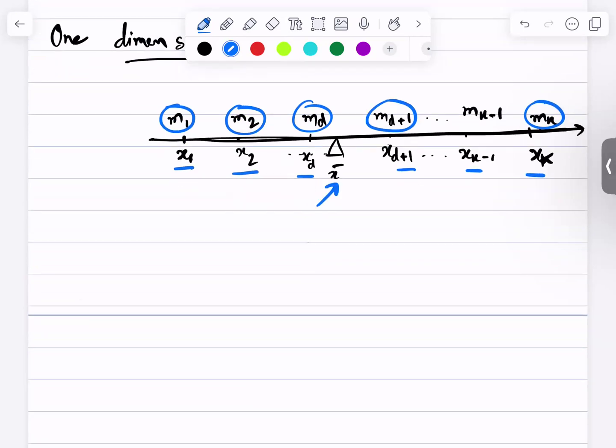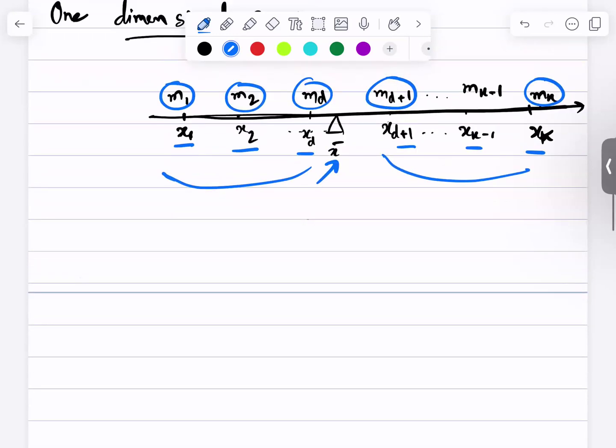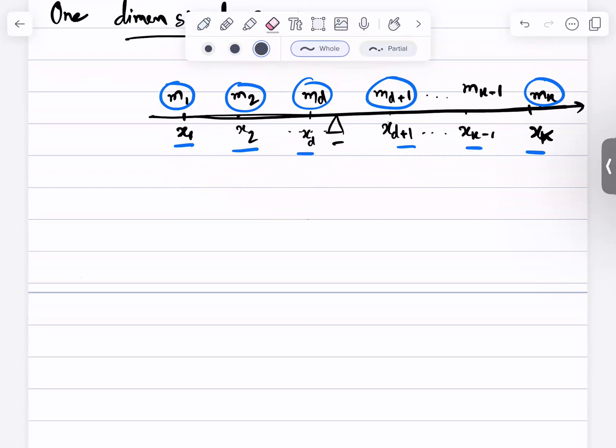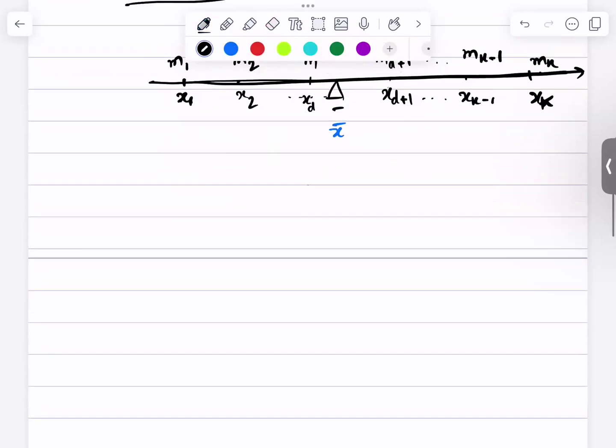Say x bar is the center of mass, and there are d points before that, namely x1, x2, xd, and the rest of the points are to the right of that center of mass. Then let me do some calculation.